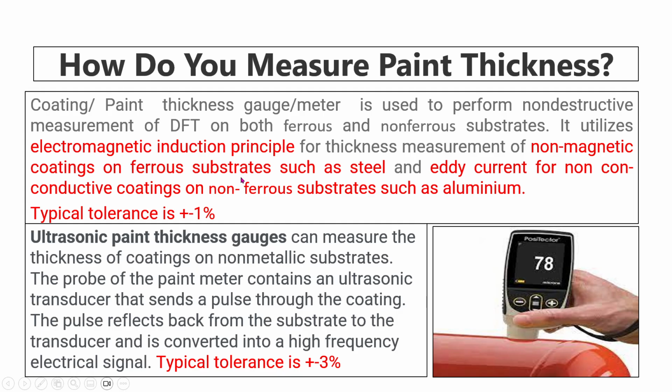If you are applying non-magnetic coating, then it can be measured, such as on ferrous substrate, like steel, and eddy current for non-conductive coating. This is non-conductive coating on non-ferrous substrate such as aluminium. Non-ferrous means aluminium. Ferrous means steel. Here it will be non-magnetic. Here it will be non-conductive.